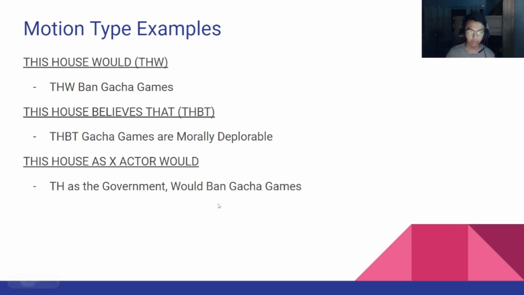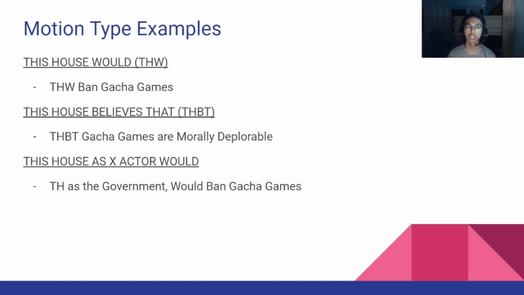And here you will already begin to see in some of these motion types the differences that small words can make. And I want to note, because a lot of people have clashing ideas of what the house is. Some people say it's the government, some people say it's the people in the debate who are deliberating.